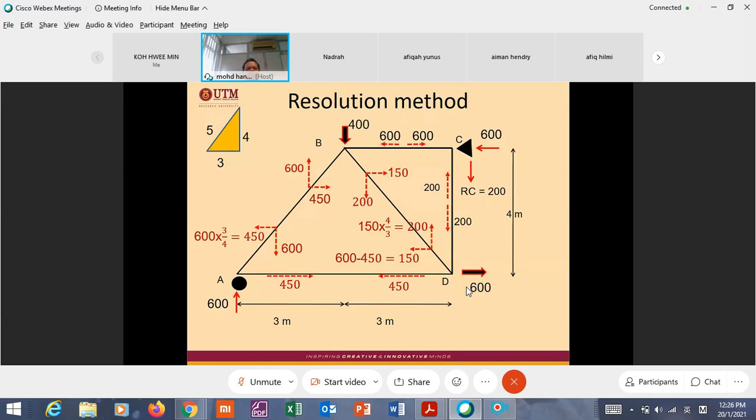How to check? In x direction, you have 600 here, you have 450 here, you have 150 here. 600 negative, 450 positive, 150 positive, 450 plus 150 is 600. Then it is equilibrium in x direction.